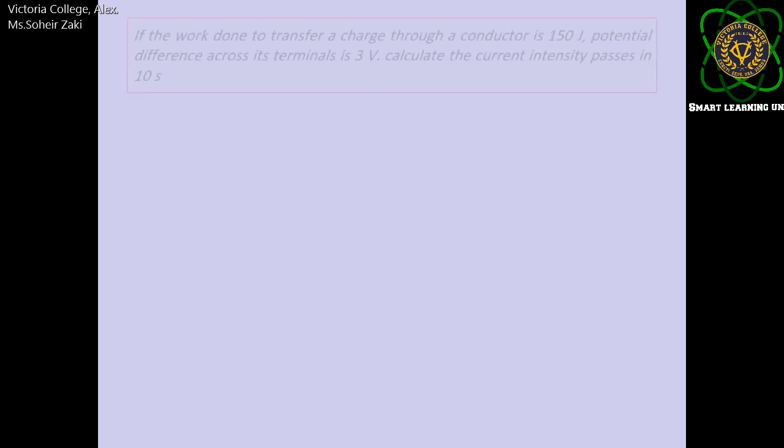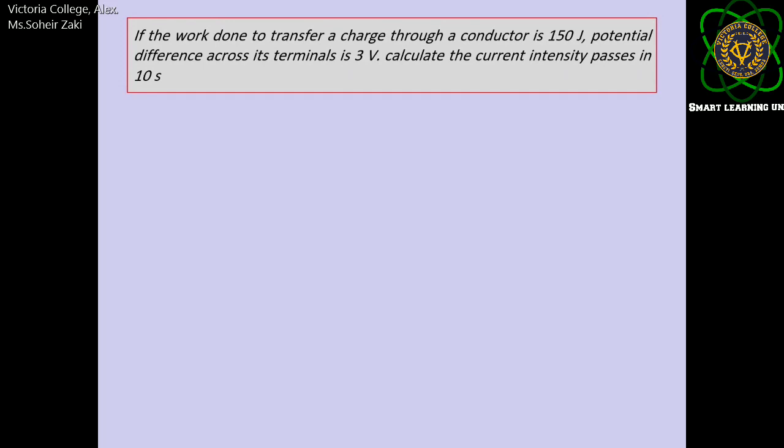Another example, if the work done to transfer a charge through a conductor is 150 joules, and the potential difference across its terminals is 3 volts, calculate the current intensity that passes in 10 seconds. So we have two parameters to calculate. Let's start. At the first, we will calculate the Q. Q equals the work done divided by the potential difference, equals 150 divided by 3.